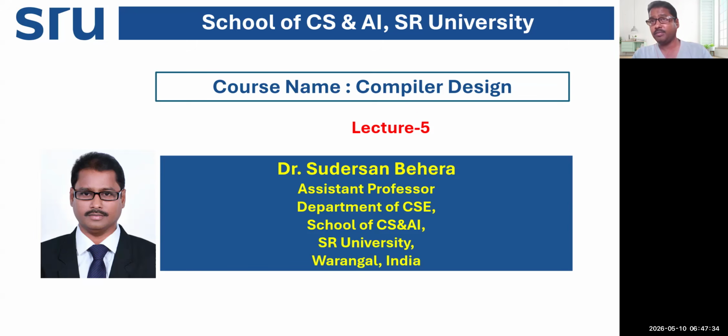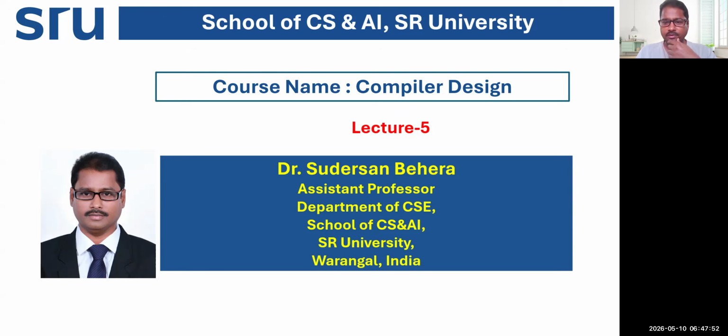How the DFA jumps from one state to another depends solely on the type of input it reads. Now we'll see an example of a DFA, how the DFA accepts an identifier.